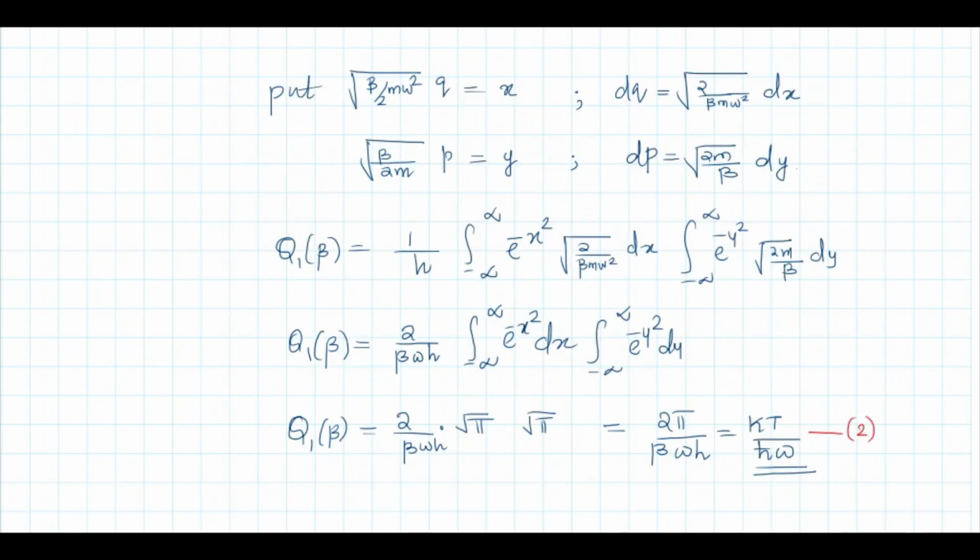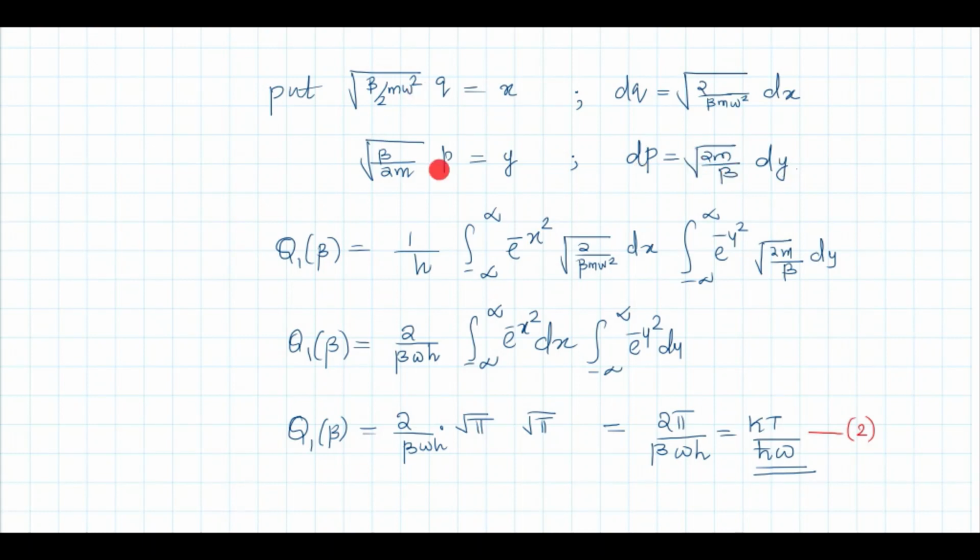Okay, now substitute for square root beta by 2 m omega square q as x. Then dq is square root 2 by beta m omega square dx. And similarly, substitute root beta by 2m p as y. Then dp is square root 2m by beta dy.